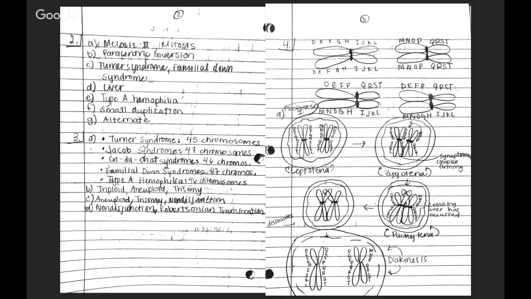I think that would be aneuploid and trisomy and possibly non-disjunction. Great, so part D, which of the following terms are associated with type A hemophilia? That would be non-disjunction and Robertsonian translocation. Number 4, one pair of homologous chromosomes in a mouse has the following sequence of alleles.